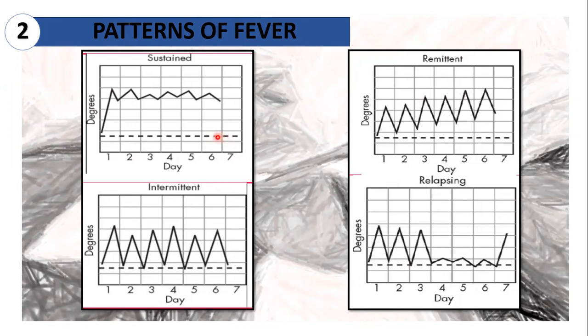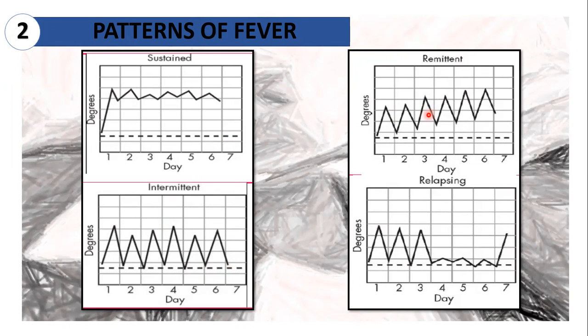Okay? Then intermittent fever, the temperatures will go down to normal. So you can see it touches the dashed line. And this is characteristic of malaria. Remittent fever, the temperature will go down, but it will not go down to normal.